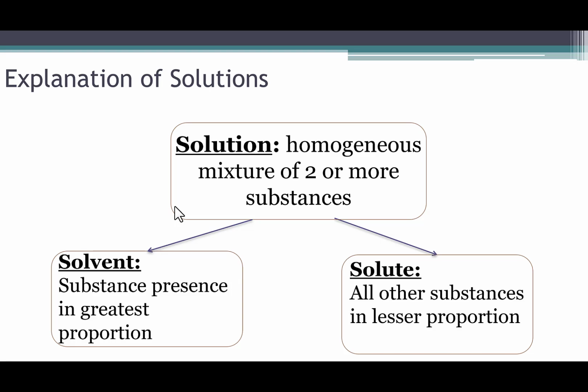So kind of the poster child for an example of a solution would be like ocean water, seawater. So the solvent, of course, would be H2O, would be the water. And then the solute would be any other substance that's dissolved. So salt, fish poop, nitrogen, oxygen that's dissolved in there, so any number of things.